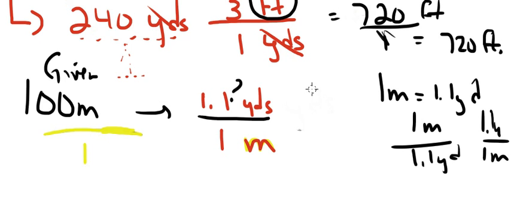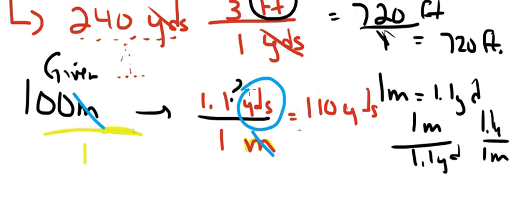I get 110. So my answer is going to be 110 yards in 100 meters, because I canceled out my meters right here. And I'm left with yards. And that's what they asked me. How many yards are in 100 meters? That's how we figure it out.